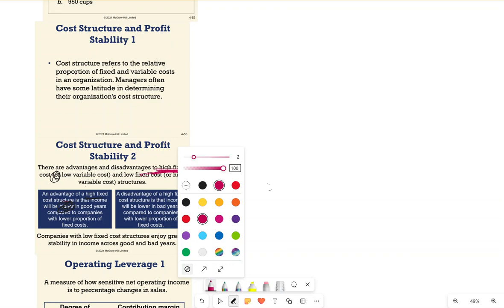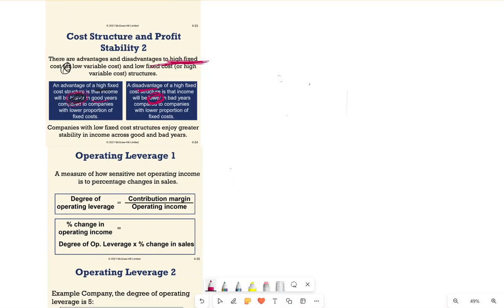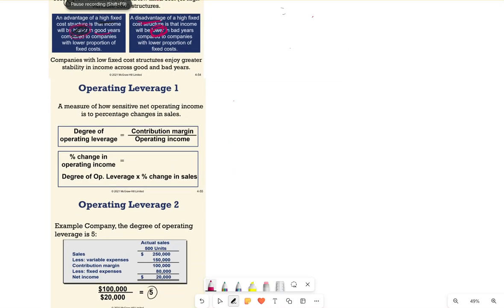The disadvantage of high fixed cost is that the income will be lower in the bad years. So one in the good years, one in the bad years. The opposite impact.